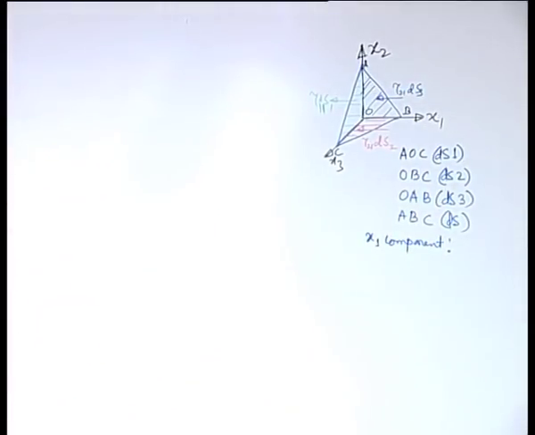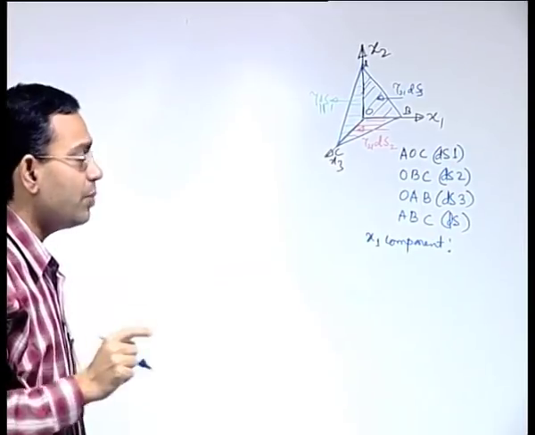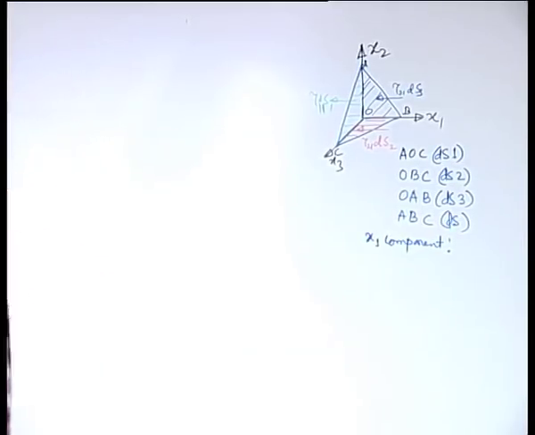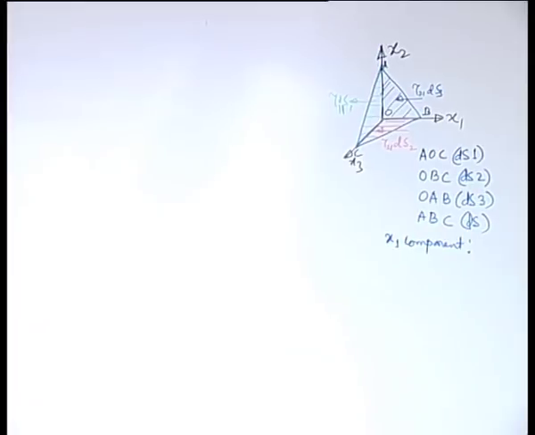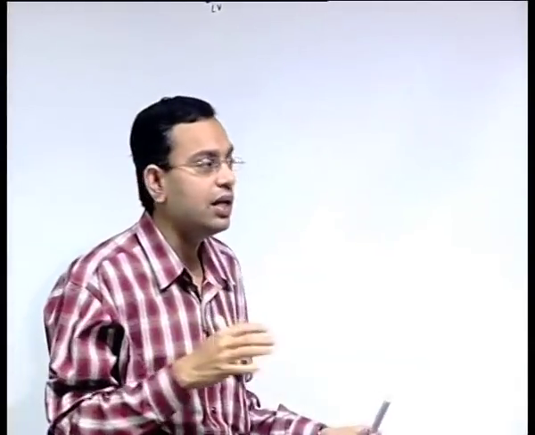And what about ABC? We have to specify a normal direction for ABC. For ABC we have to keep in mind that we cannot use the tau ij notation, because tau ij notation you can use only for surfaces which are oriented along x1, x2 or x3, but ABC is arbitrarily oriented.